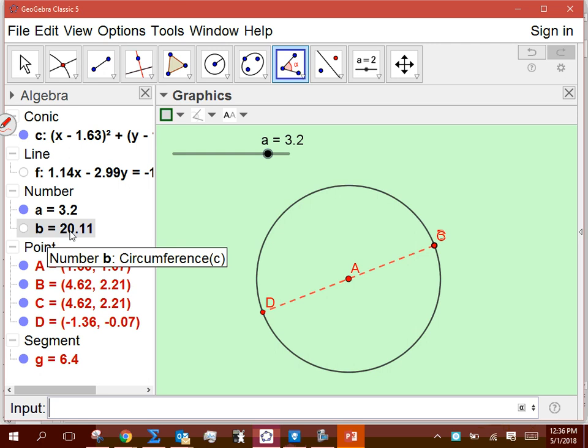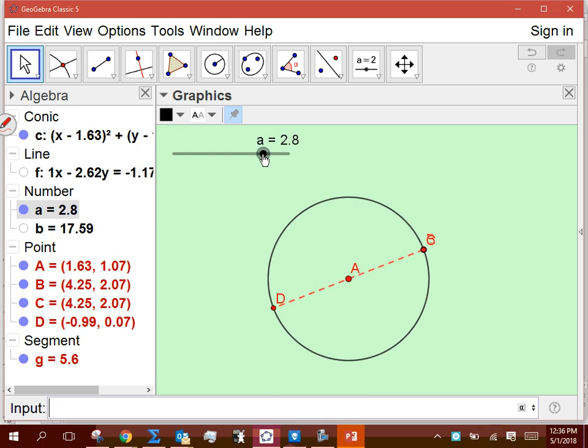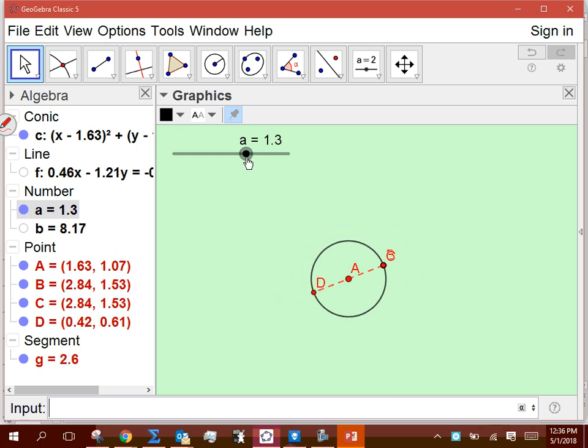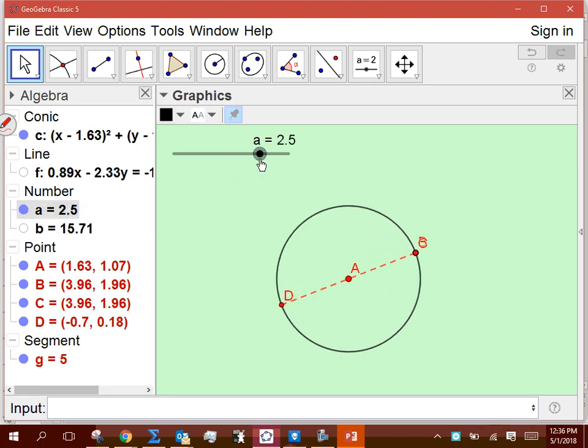So that's the circumference of this circle. As I change the circle, obviously it changes. If I make A 1, A is my radius, so I should get 2 pi times 1, that's 2 pi. 3.14 doubled gives you that number right there. So that is the circumference.